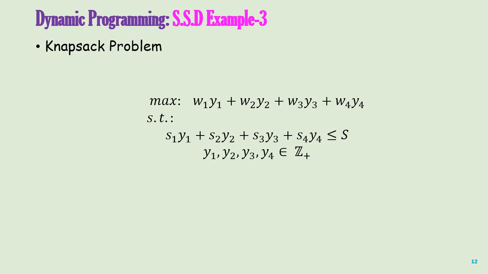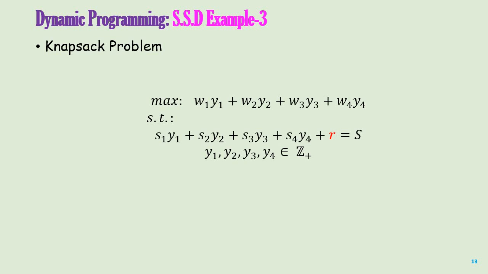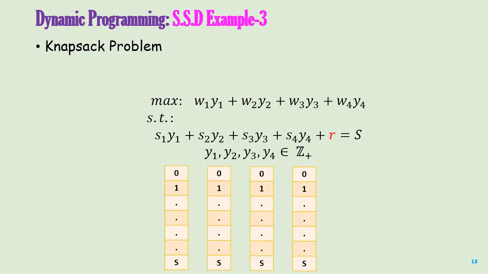Whenever you have an OR problem with a single inequality constraint, you could convert it like this, where variable R represents the remaining capacity. Now, in the knapsack problem, every item corresponds to a stage, and the remaining capacity in the knapsack corresponds to the states. And whenever you make a decision, you move from one state to another state.